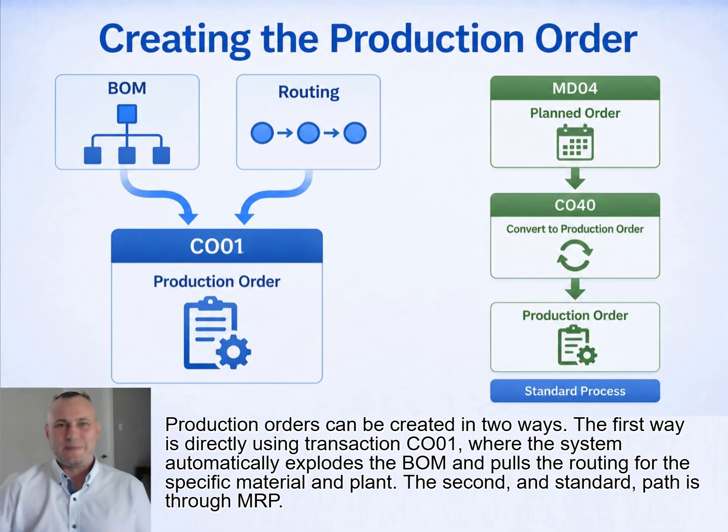Production orders can be created in two ways. The first way is directly using transaction CO01, where the system automatically explodes the bill of material and pulls the routing for the specific material and plant. The second and standard path is through MRP.